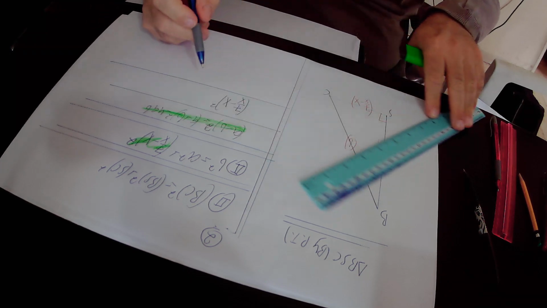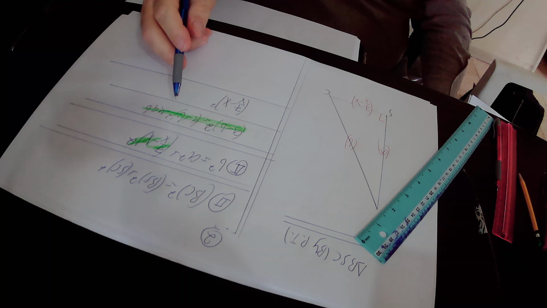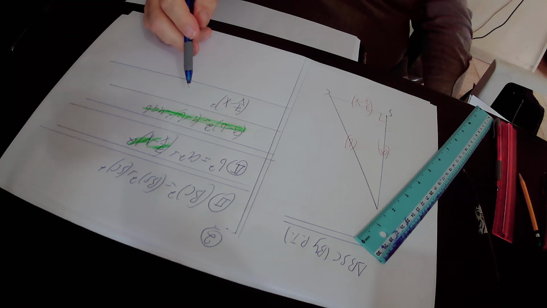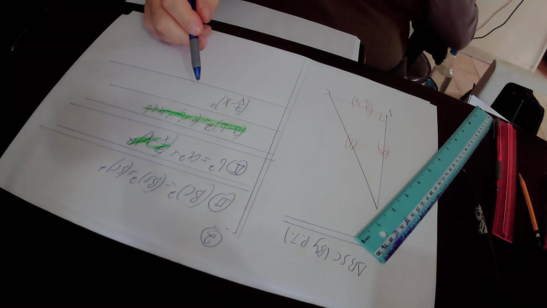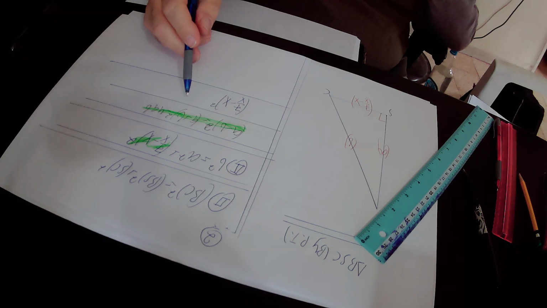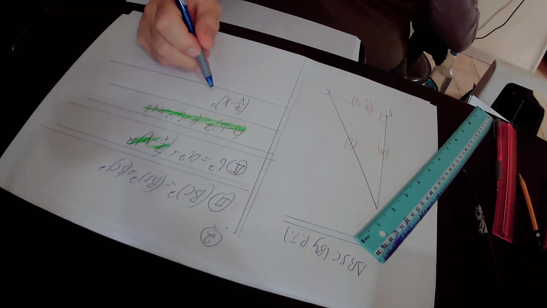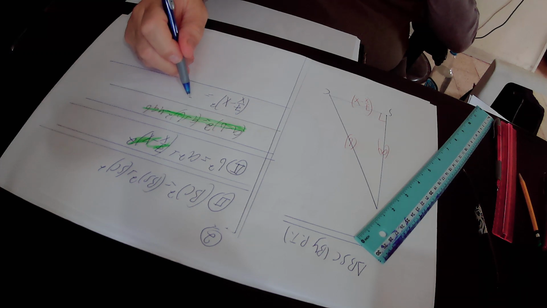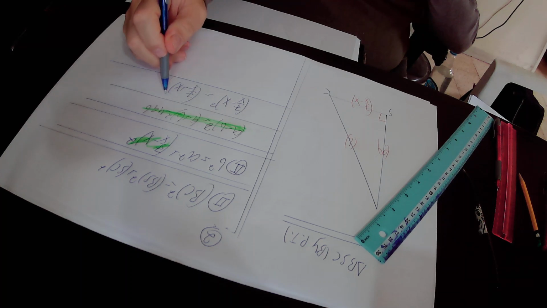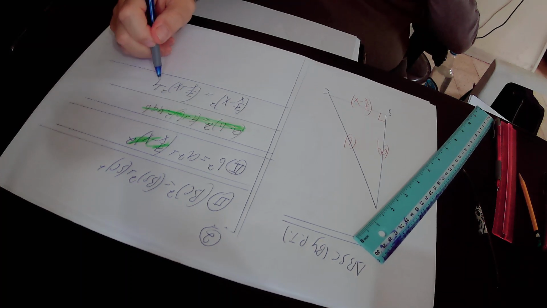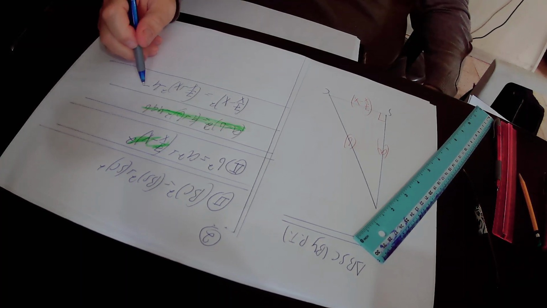if we substitute a by 7 over x and b by x, we get that (7 over x minus x) squared, according to this algebraic identity, will be equal to (7 over x plus x) squared minus 4 times a, which is 7 over x, times b, which is x.